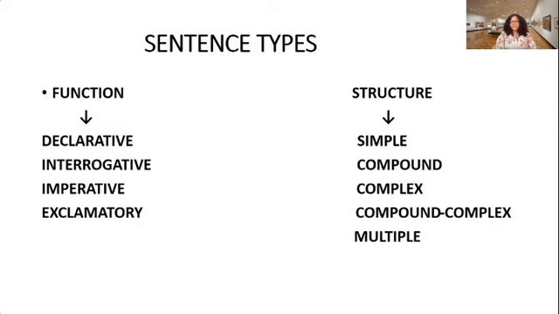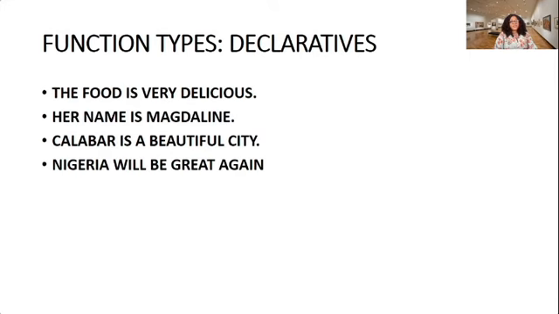We have declaratives, we have interrogatives, we have imperatives, and of course we have exclamatory. And on the structure, we have simple sentences, we have complex sentences, we have compound sentences, we have compound complex, and then we have multiple sentences.